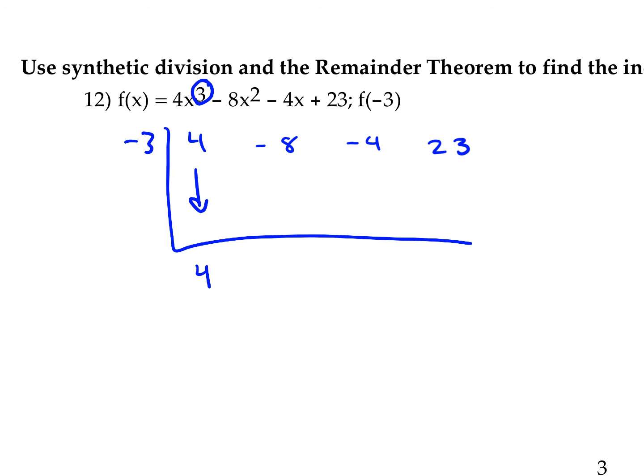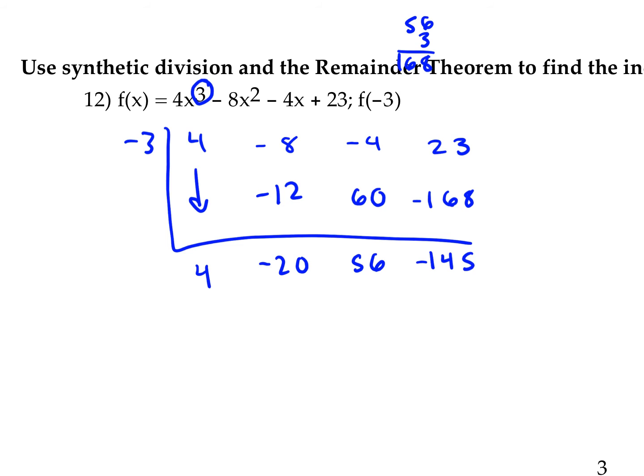So drop down the 4, multiply, add, multiply, add, multiply. 56 times 3 would be 168, -168. And then this would be -145. So -145 is our answer.